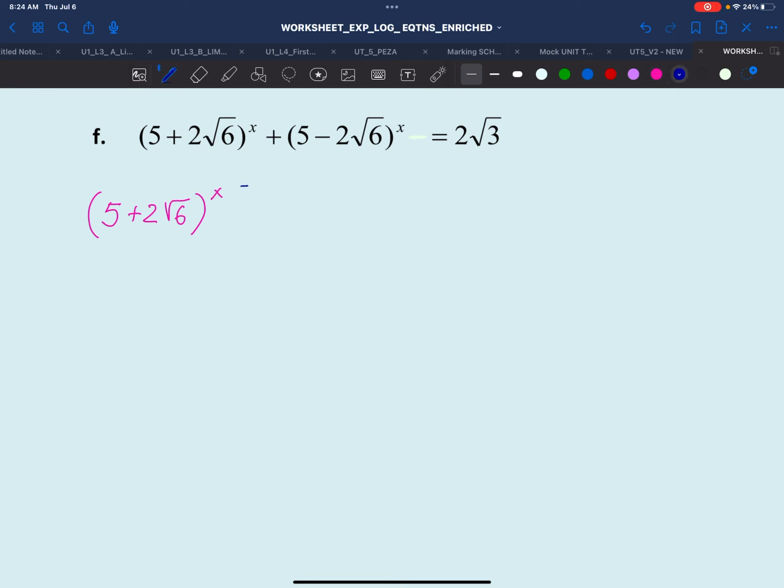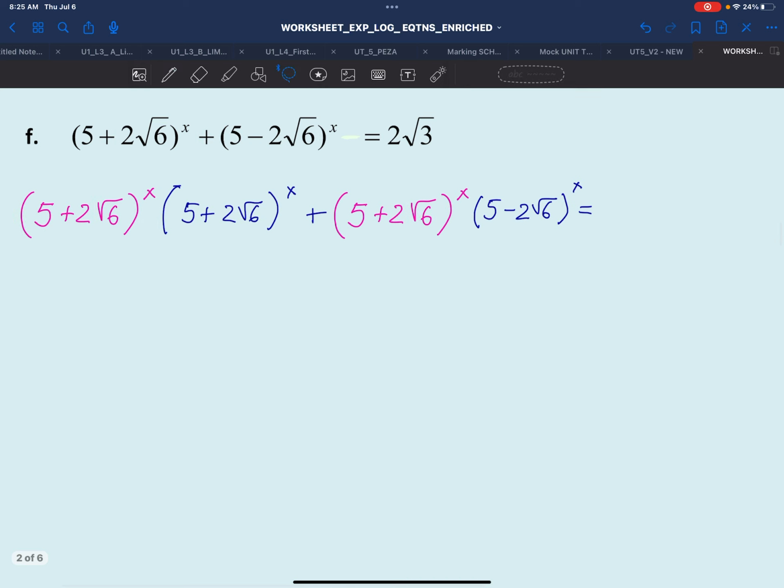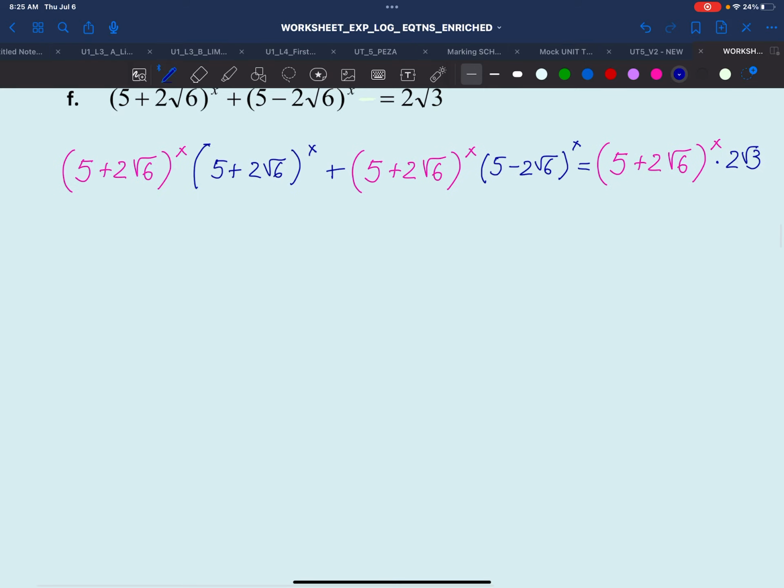This will multiply (5 plus 2 root 6) to the power of x, and then plus, let's copy again and paste, (5 plus 2 root 6) to the power of x will multiply (5 minus 2 root 6) to the power of x equals, one more time, (5 plus 2 root 6) to the power of x multiplying 2 times root 3. Let's see what we have cooked here.